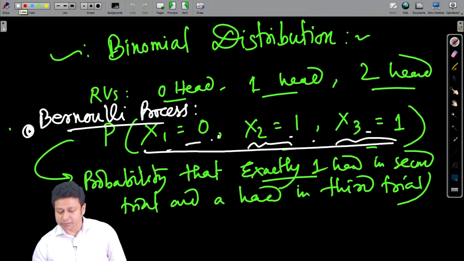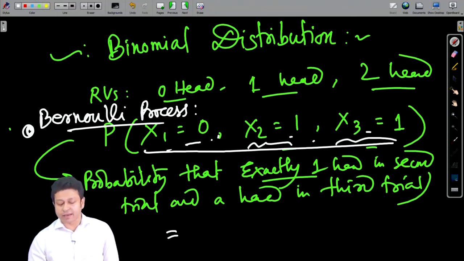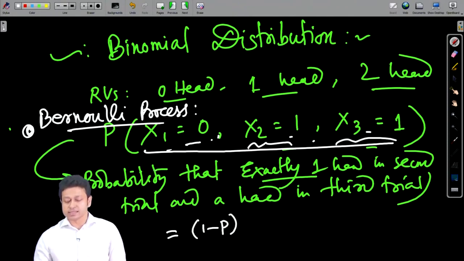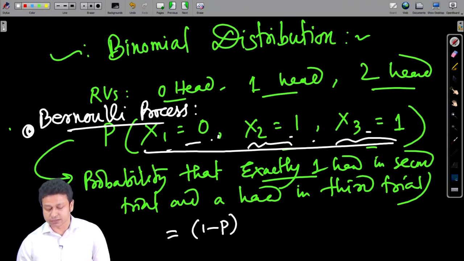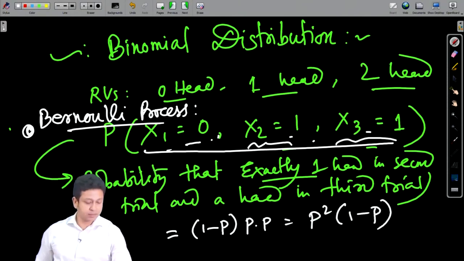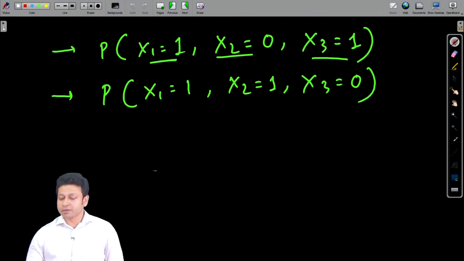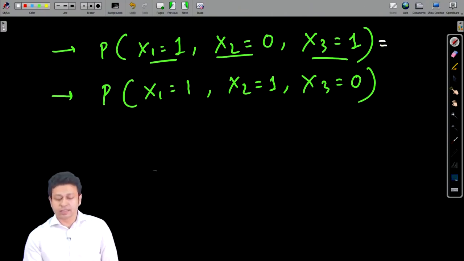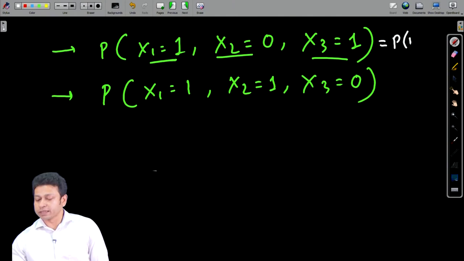In this case, if the first one is 0, this is 1 minus p, and since the events are independent, I am going to have p into p. So it is going to be p square into 1 minus p. Here, similarly, it is p into 1 minus p into p, so it means p square into 1 minus p.